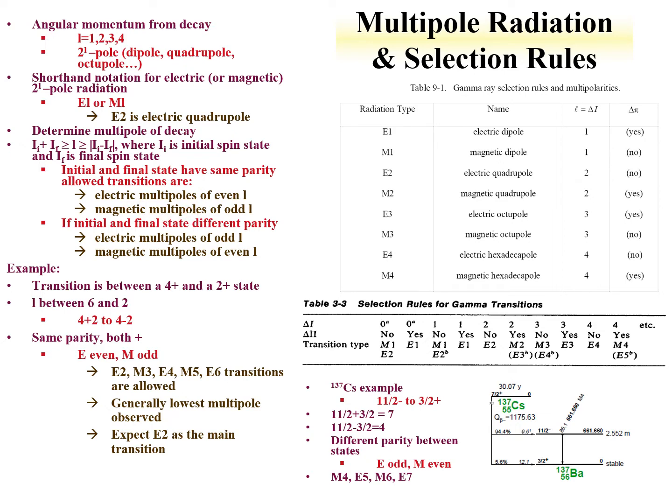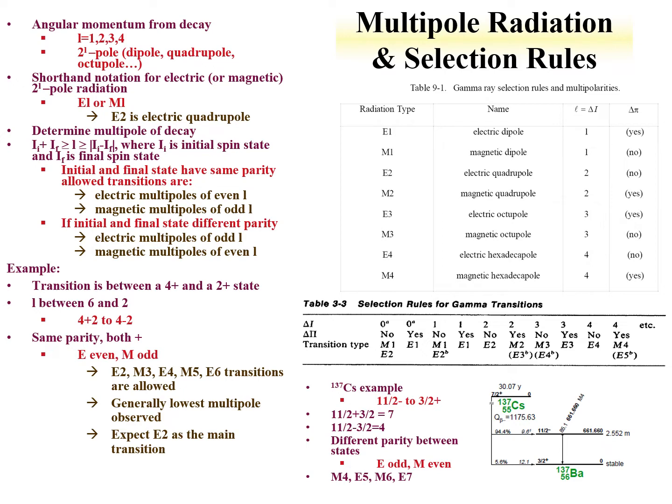And if the initial and final states of this gamma transition are in different parities, the electric multipoles are of odd L and the magnetic multipoles are of even L. So let's go through an example, or two examples, that demonstrates this.